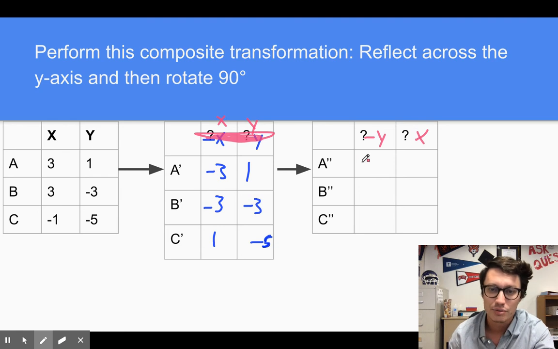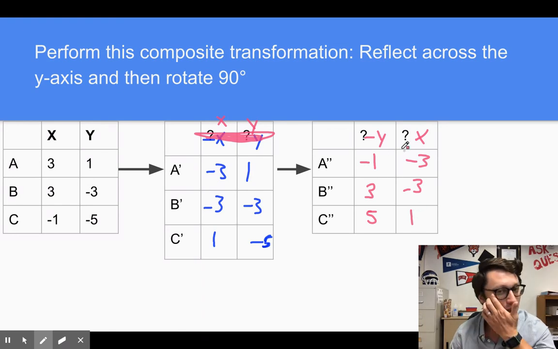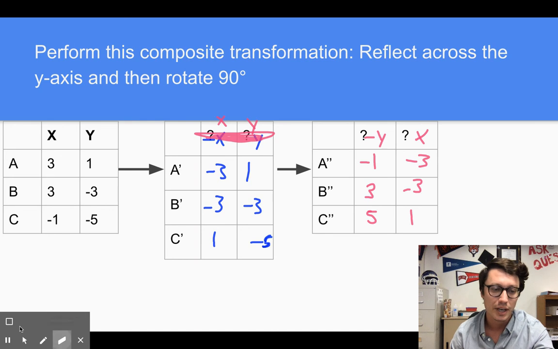So +1 changes to -1, -3 changes to +3, -5 changes to +5. And then we rewrite all of our x numbers, and they stay the same. Signs do not change. So -3 stays -3, -3 stays -3, and +1 stays +1. All right, so those are the coordinates of the second image.